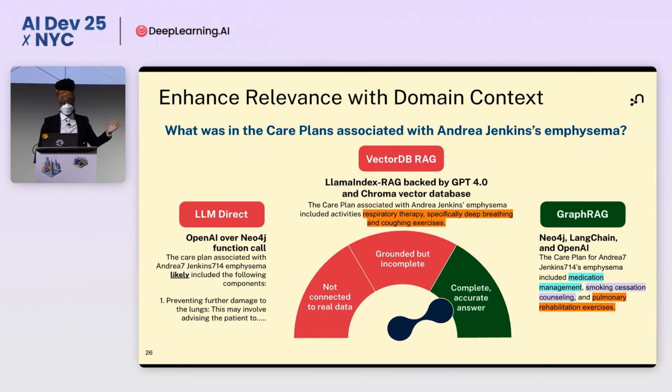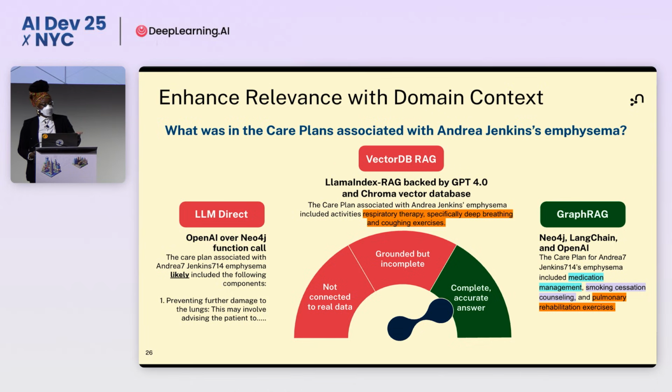And then even in a medical use case, we look at the following query: what is the care plan associated with Andrea Jenkins' emphysema? Let's see what this looks like in these specific examples. We have a patient with emphysema, and we're trying to figure out what the care plan can look like. A direct call to the LLM is going to be very vague and provide generic text. A vector RAG pipeline is more beneficial and gives us grounded information, however that information can be incomplete.